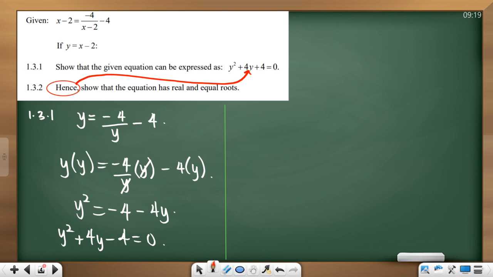Show that what? They said show. Please take note. Show that the equation has what? Real and equal roots. Do you guys remember the condition for real and equal?